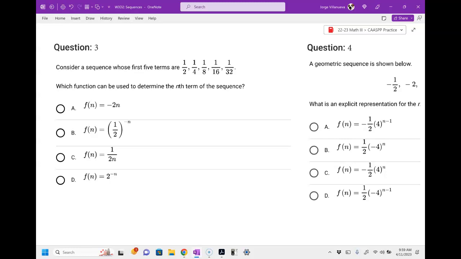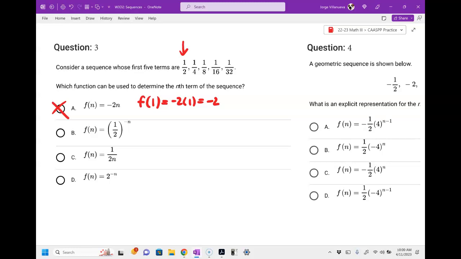But let's try A. So if I plug in a 1 into A, what's my answer? I get -2 times 1. That's -2. Does that match half? No. So that means A is not an answer.